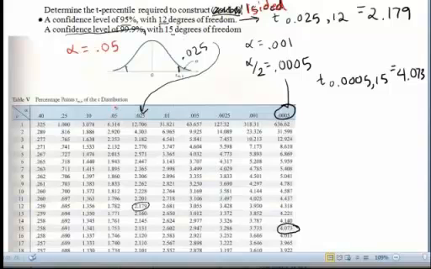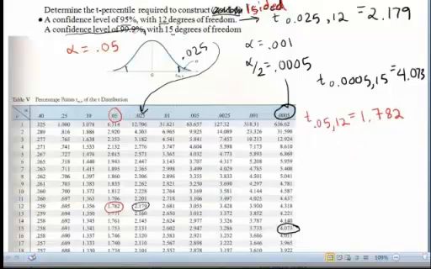So now we can go directly to 0.05, and we had 12 degrees of freedom, so t of 0.05 with 12 degrees of freedom is 1.782.